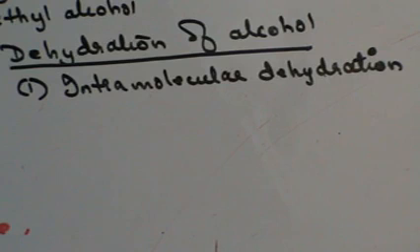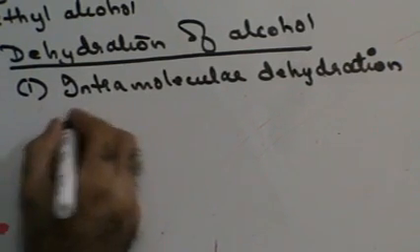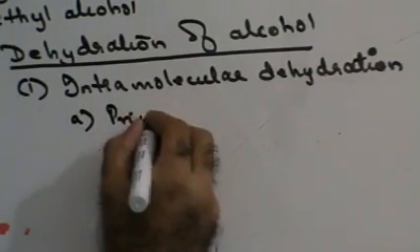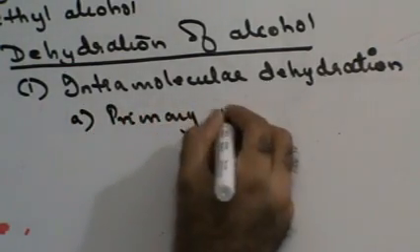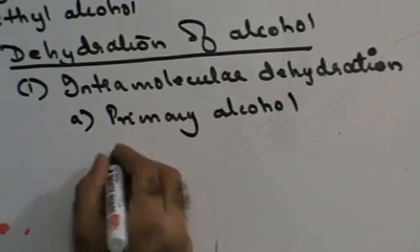When alcohols are heated with strong dehydrating agents, they lose a water molecule to form alkenes. That is the dehydration reaction that we'll see. We'll first see it with primary alcohols.